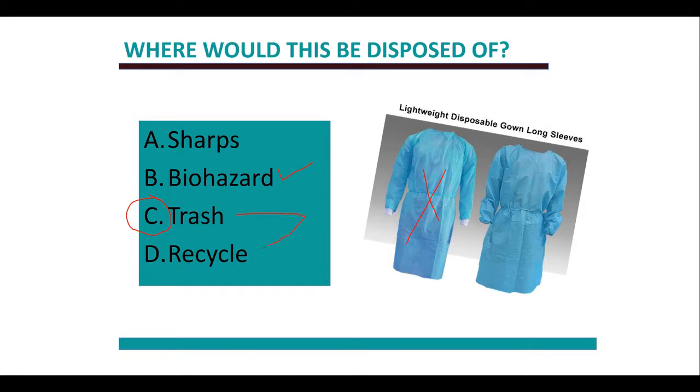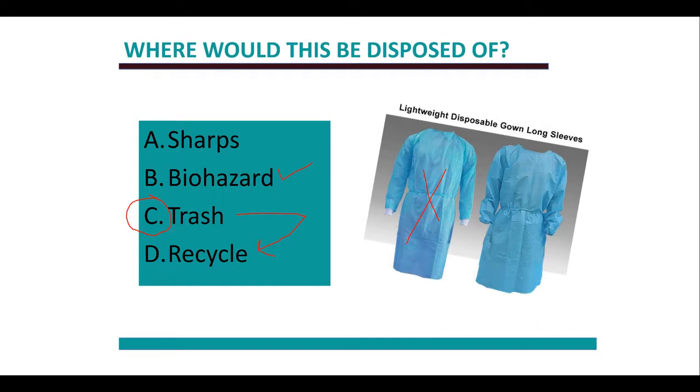But this is a trick question because many, I can't say all or maybe even most, but some recycle companies will recycle these gowns. I know at SCC, our recycling company does recycle our gowns, even if they're contaminated. Not saturated, but contaminated such that they would go in regular trash.